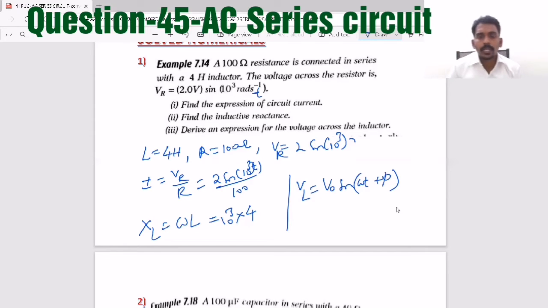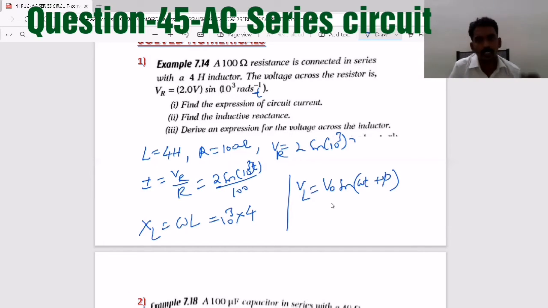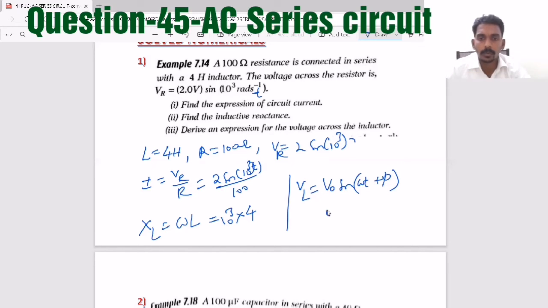So how do we find that phi? Oh, they are asking just only the voltage across the inductor, not the net voltage. So the phi will become how much? Pi by 2. Now sin of pi by 2 plus theta, what will it become? Cos theta.